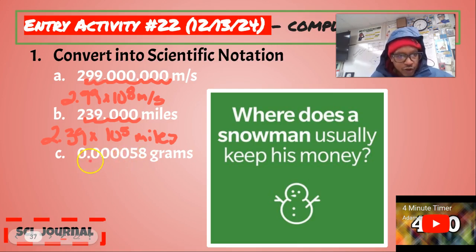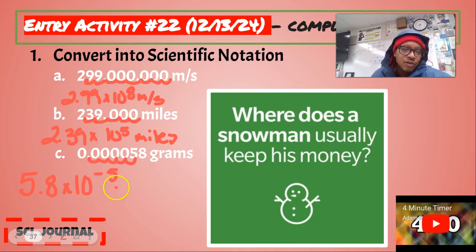Now, this is grams. So let's go here. In this case, we need to get over to where it's 5.8 because that's where we need to get to. This is where our decimal is. So we're going to go 1, 2, 3, 4, 5. And since it's a small number, we're going to have a negative exponent. So 5.8 times 10 to the negative 5 grams, right?